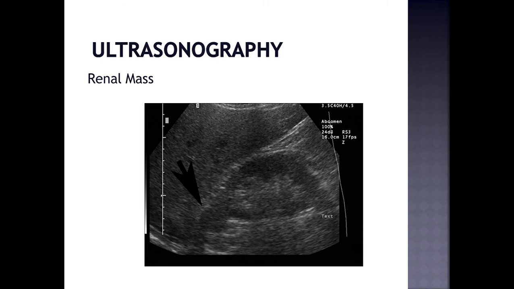So this is the ultrasonographic image of the right kidney beneath the liver on the right side. Here this is the renal outline, and we can see a well-defined hypoechoic rounded mass sitting at the top of the upper pole of the right kidney.